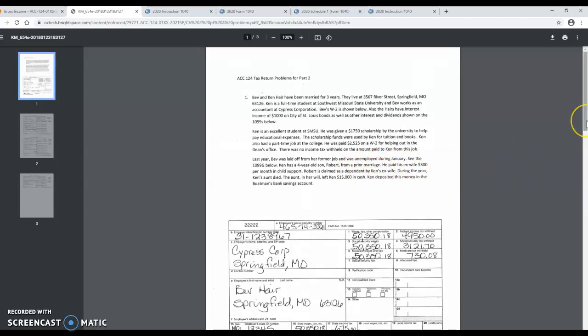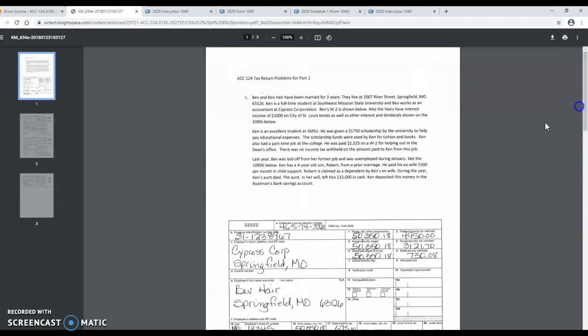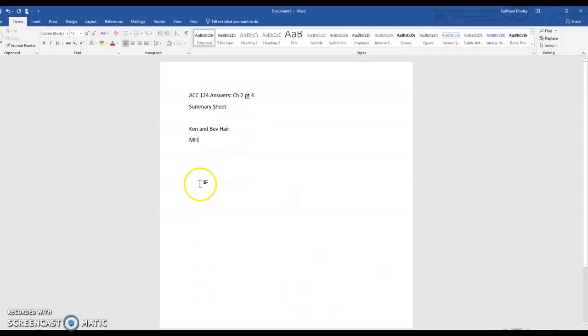But in this case we don't have any of that, so there are no dependents. Okay, so after we do filing status and dependents, we put in 0 dependents.